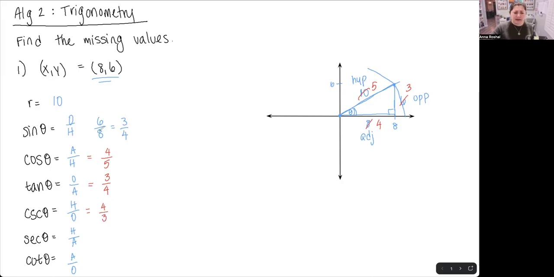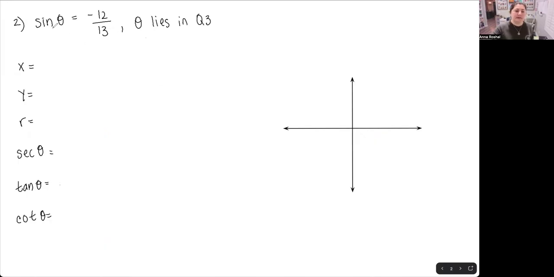This should not be 8. That should be 10, and therefore that should be 5, because we want hypotenuse. Hypotenuse is going to be 5 over adjacent, which is 4. Adjacent is 4, hypotenuse is 3. And that's it. Done with that problem. Let's move on.